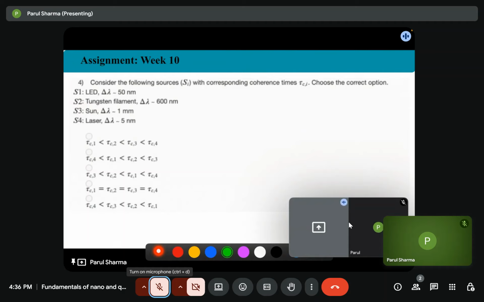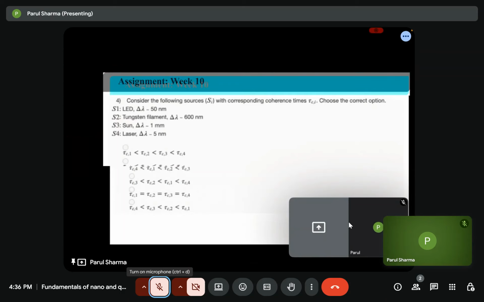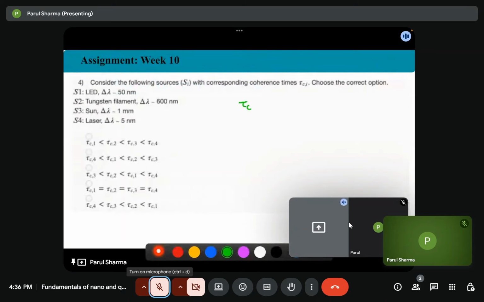So we know that coherence time tau is inversely proportional to delta lambda, right? So among these options, delta lambda for the sun is very large. So delta lambda 3, then delta lambda 2, then delta lambda 1, and then delta lambda 4.